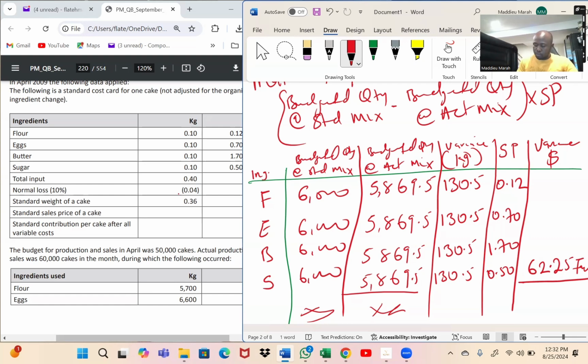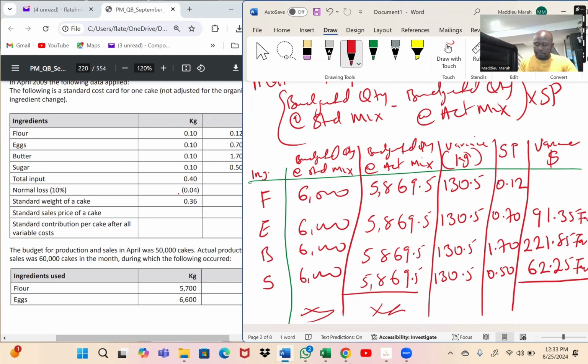So 130.5 multiplied by 1.7 gives me 221.85 favorable. Next one, 130.5 multiplied by 0.7 gives me 91.35 favorable.